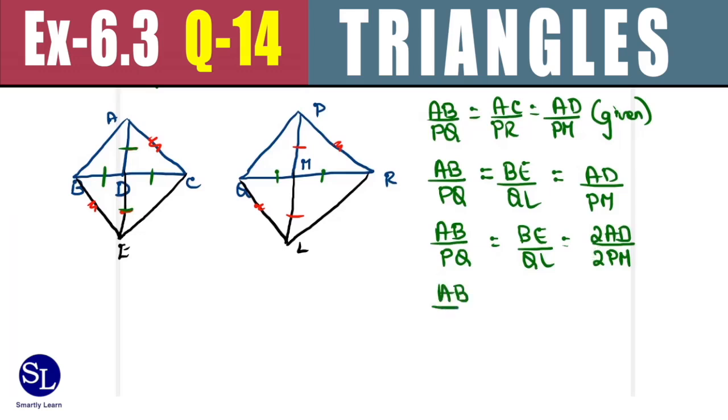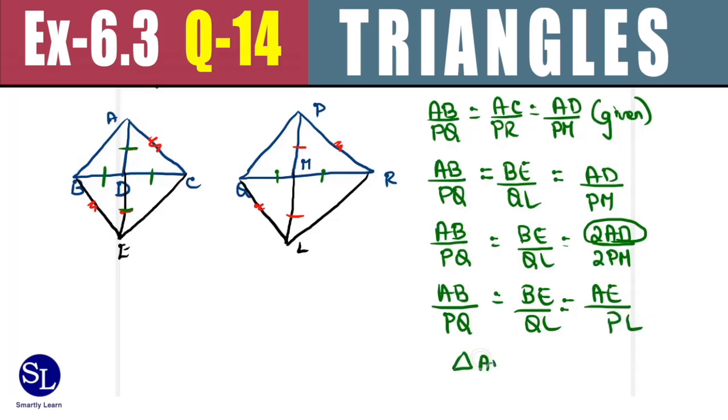So I can rewrite this as AB by PQ is equal to BE by QL, which is equal to, replacing 2 times AD with AE, AE by 2 times PM, which is nothing but PL. So this tells you triangle ABE is similar to triangle PQL using SSS similarity.